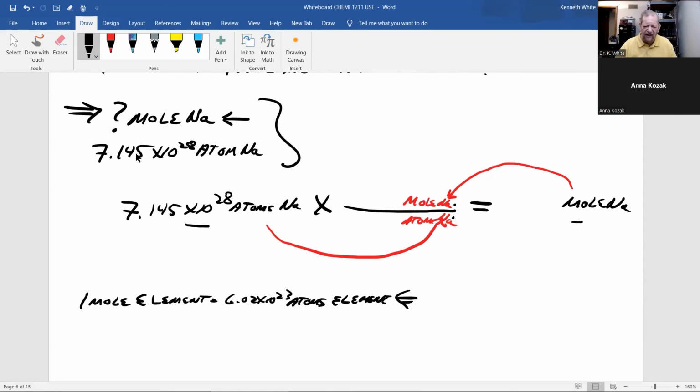So your turn. What number goes on top? What number goes underneath? Your turn. And when you just put the numbers in, I'm not asking you to do the multiplication or division, just put the numbers in there. Give me a thumbs up.